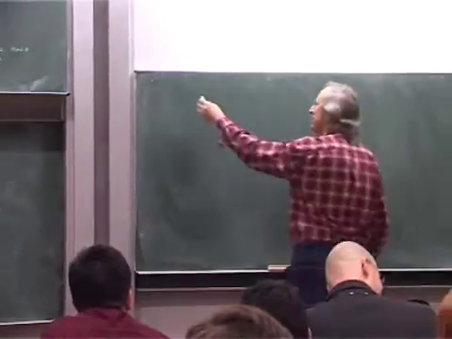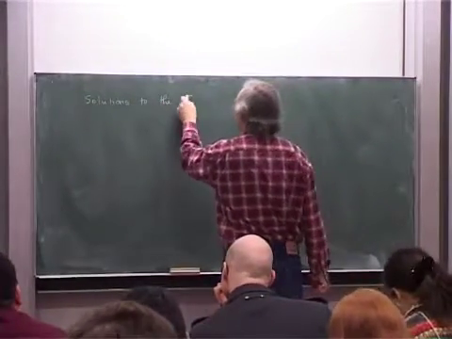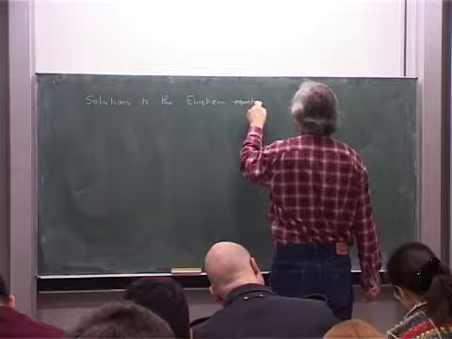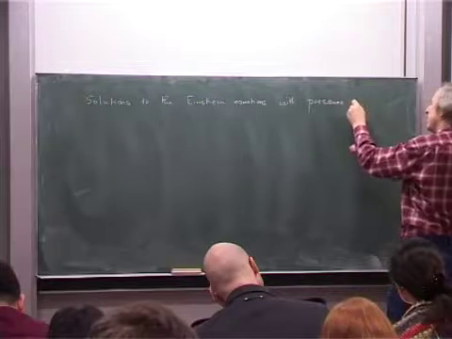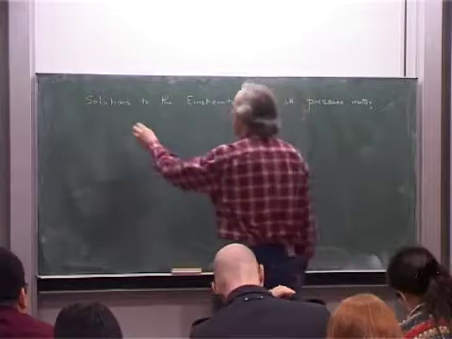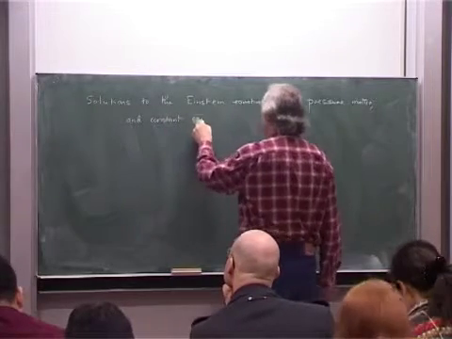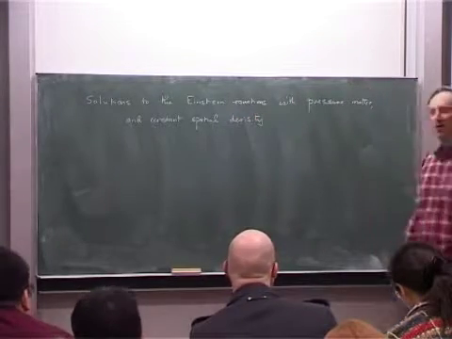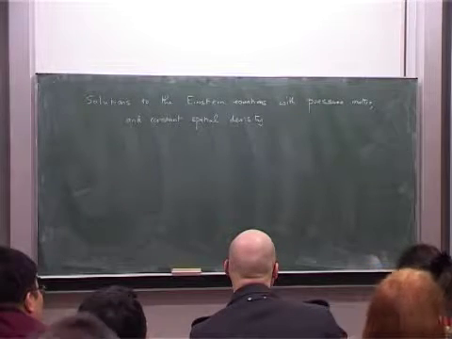So, solutions to the Einstein equations with pressure-free matter and constant spatial density. If I rephrased that and called that being homogeneous and isotropic, you'd all immediately know what I was talking about.